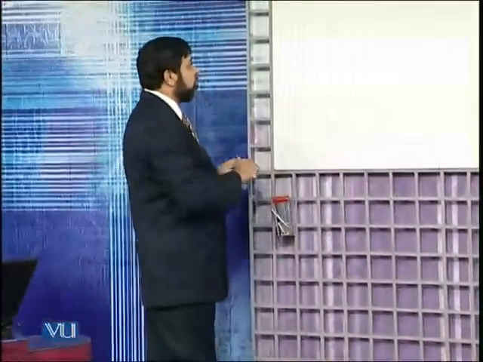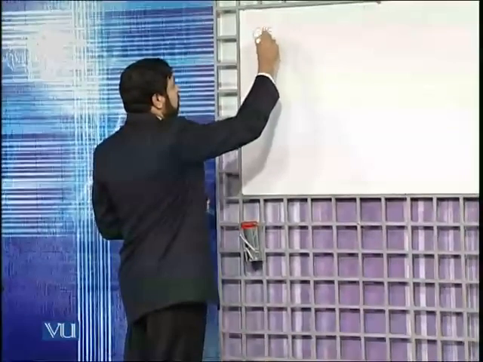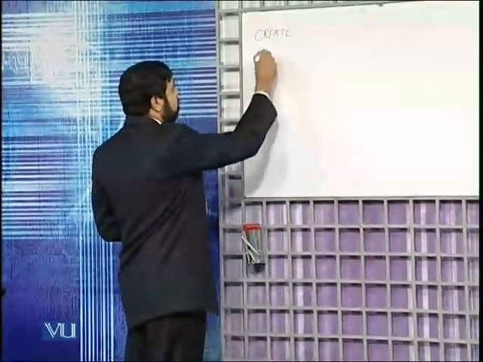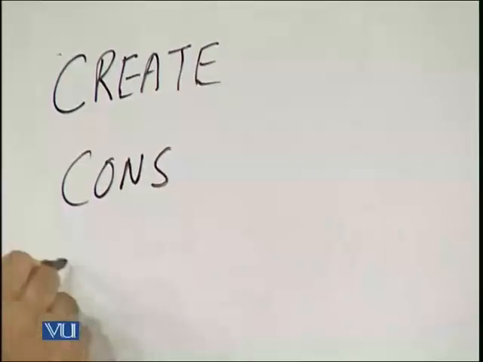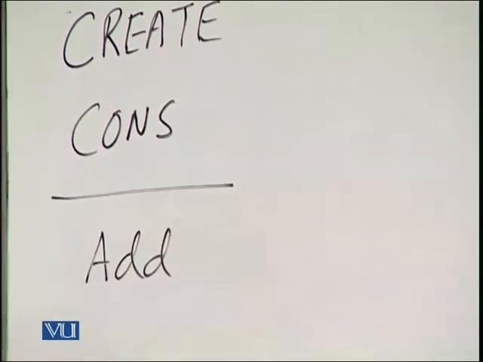So here we have, remember we had this create, we had this cons. Now we are adding this add here.